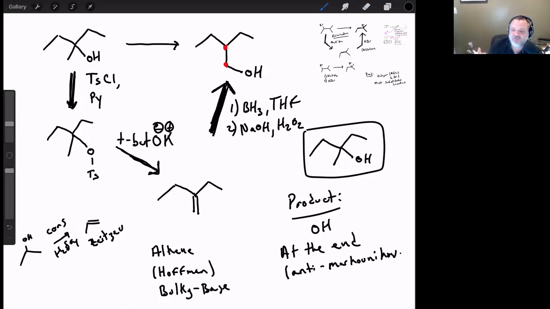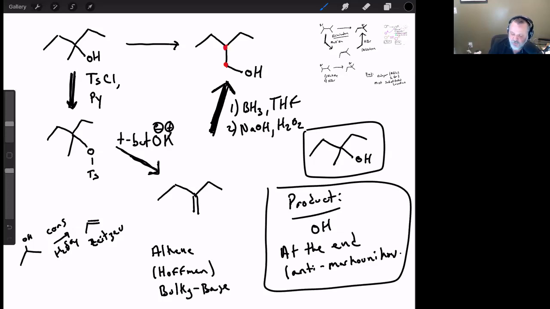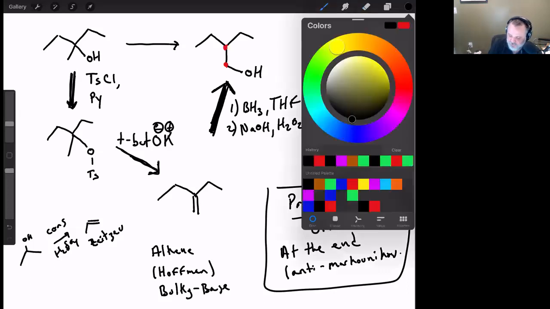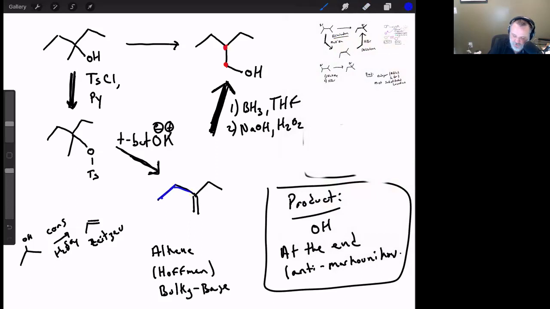I can teach you how to think backwards, and I can teach you about the considerations that you have to make at each step. In this first step, we thought that the product was an OH group. The OH is at the end of a carbon. If it's at the end of the carbon, that's sort of anti-Markovnikov. That gives us the idea that all we can do is hydroboration oxidation. Once we have the idea that it's hydroboration oxidation, then we can come up with the starting material that would work with hydroboration oxidation.